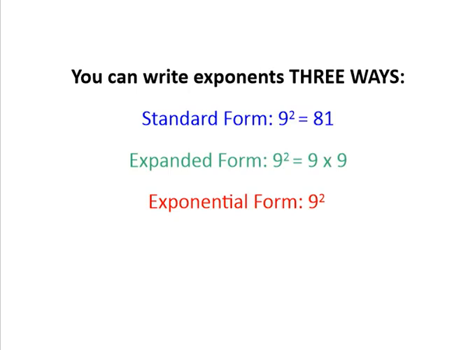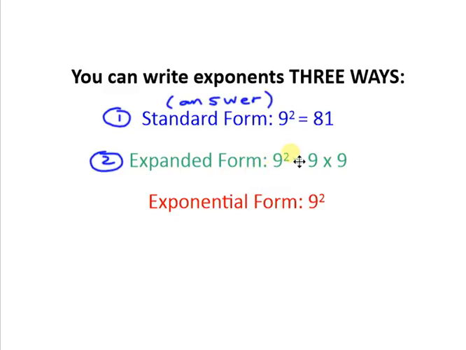Alright, if you remember, you can write exponents in 3 different ways. The first way is in standard form. Standard form is simply going to ask you for the answer to the problem. So what is 9 to the 2nd power? Well, 9 times 9 is 81. The second way is expanded form.